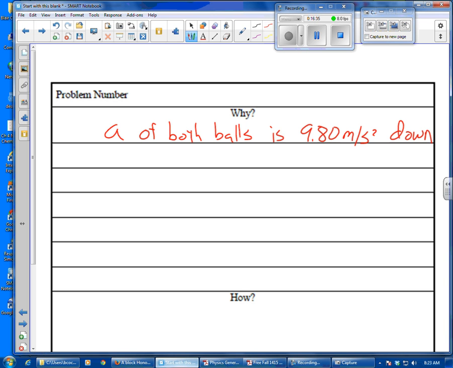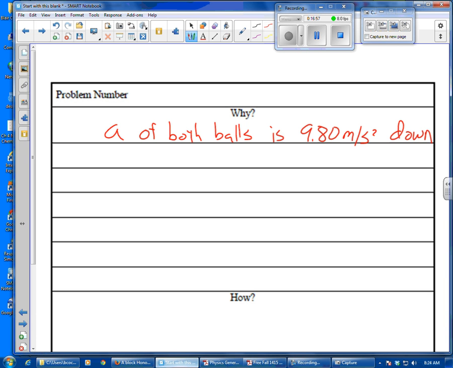What else? There's something else they have in common. What's the first ball's speed at the top when you drop it? 0. What's the second ball's speed at the top when it comes to rest in your hand? 0. So at the top, both of them have a speed of 0.